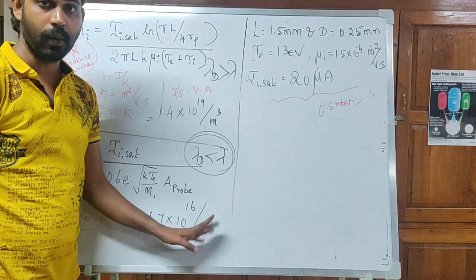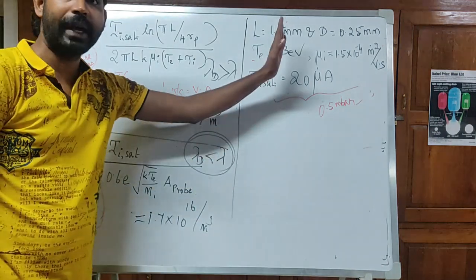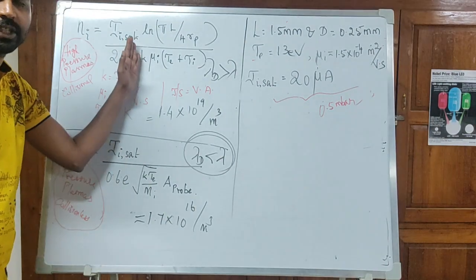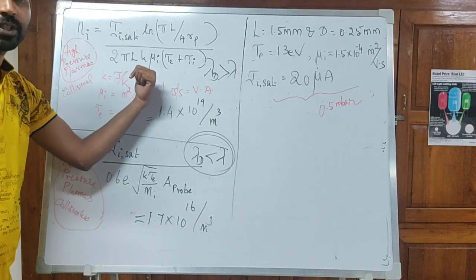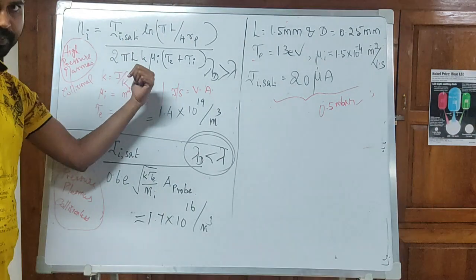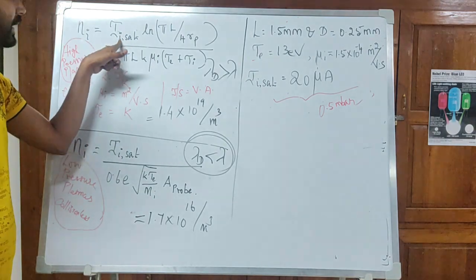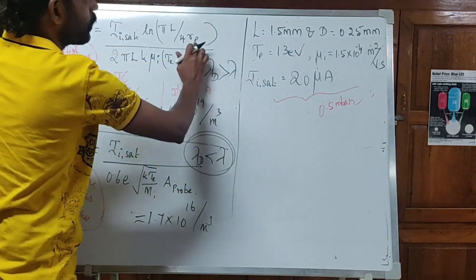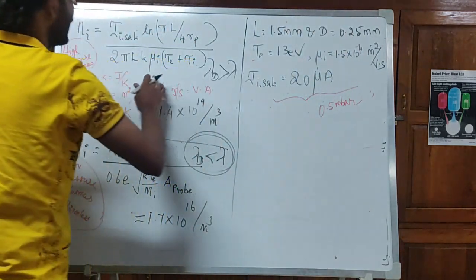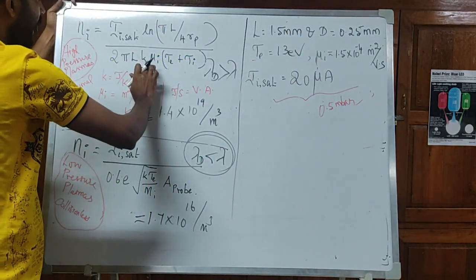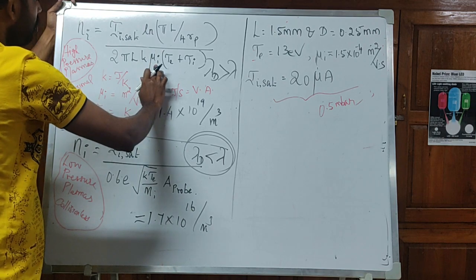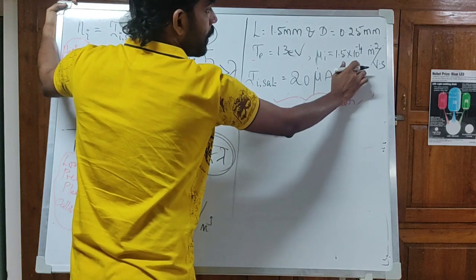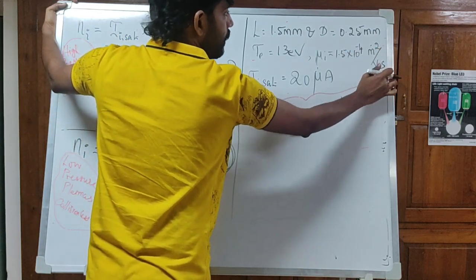Whereas, while plugging the same values into this equation, which is the equation for collisional probe theory: I_sat is 20 microampere, length is 1.5 mm, probe radius is taken from this value, k is Boltzmann's constant, mu_i is the mobility, which is 1.5 times 10 to the power minus 4 meter square per volt second.